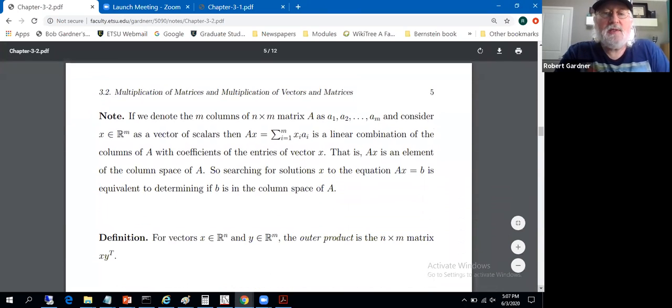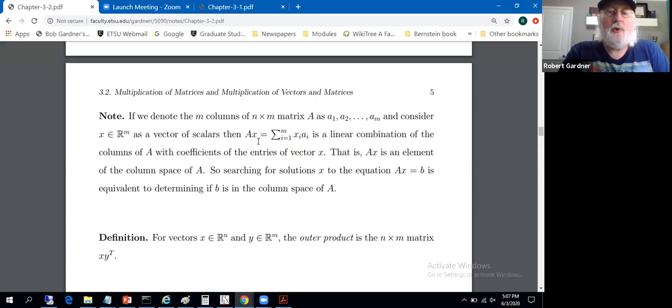Now, as I said, products of the form Ax are quite important where the x is a vector. Let's denote the m columns of n by m matrix A as A1 through A sub m. We've done a little bit of that in the past. In the previous section, we did some proofs where we labeled columns of a matrix in terms of subscripted vectors.